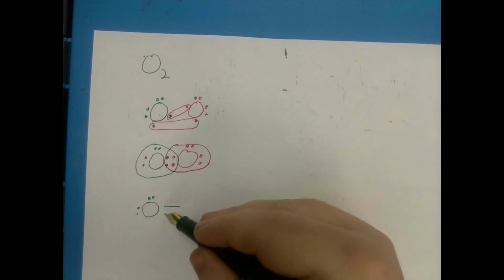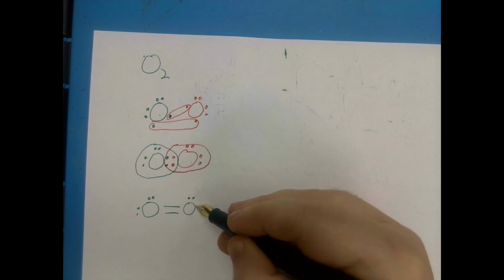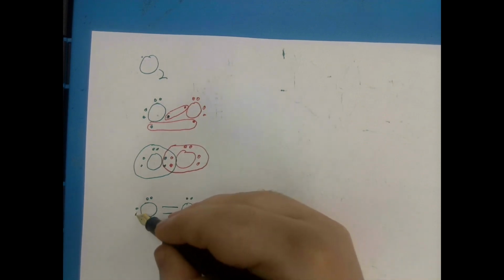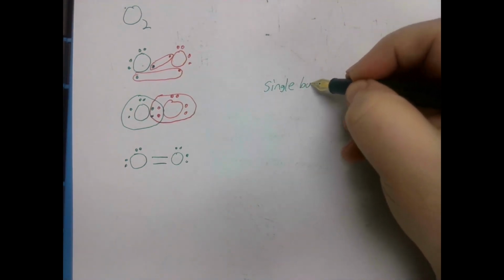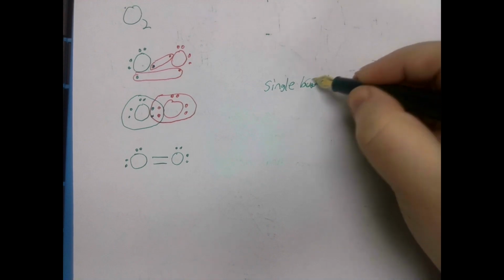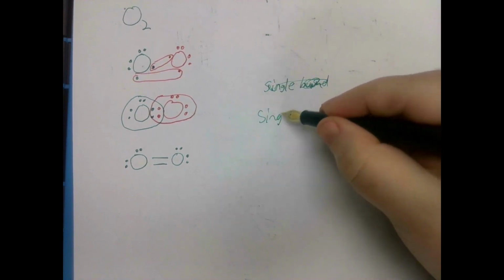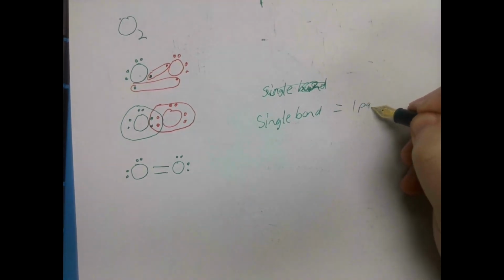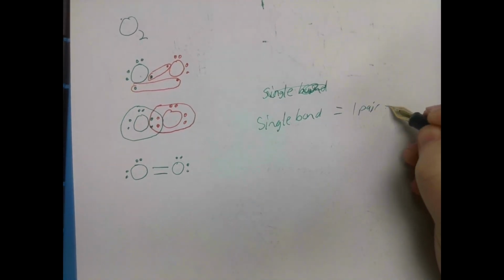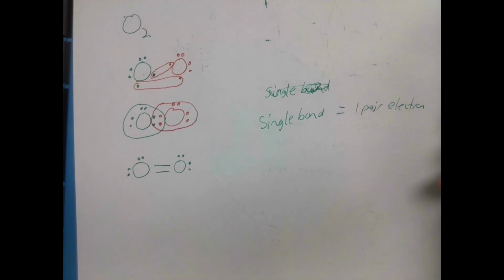So I'll use 2 lines. A double bond, as opposed to a single bond. A single bond is 1 pair of electrons. That's 2 electrons. A pair is 2.